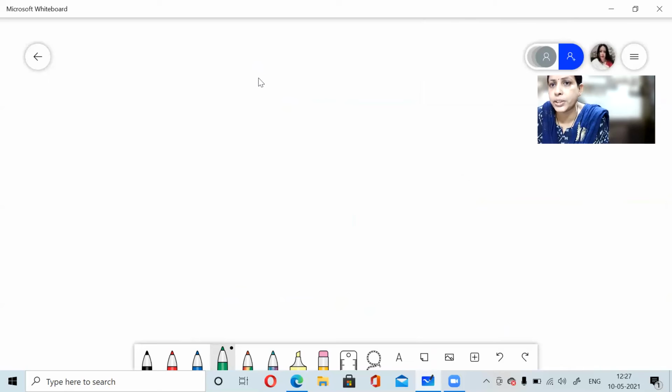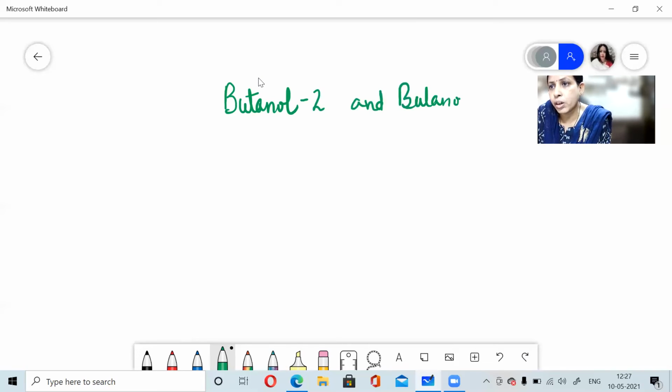Suppose the question comes, distinguish between butanol 2 and butanol 1. Now, when we were doing the IUPAC names by the numbering system, these numbers give the message that the functional group is attached on the carbon number 1 in case of butanol 1.